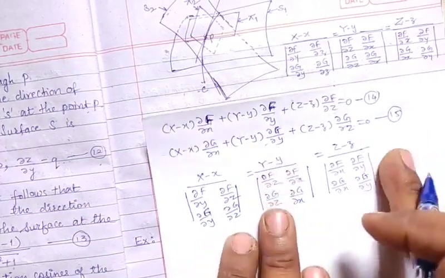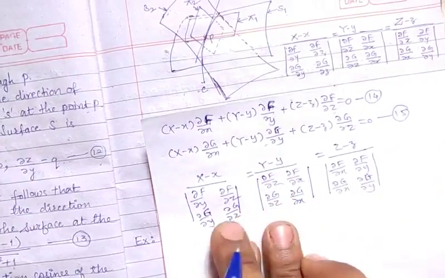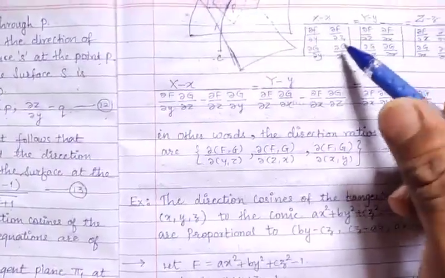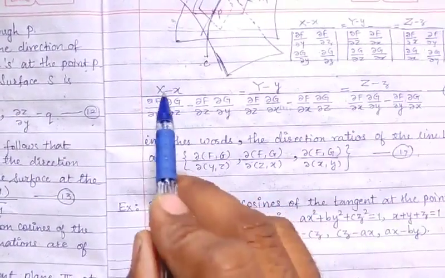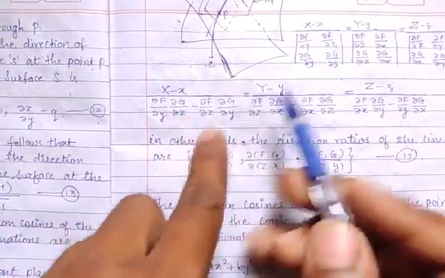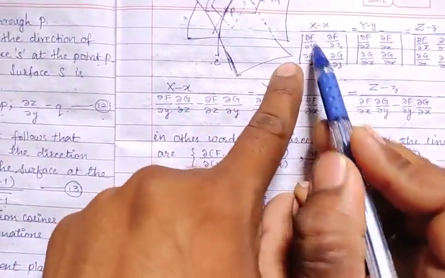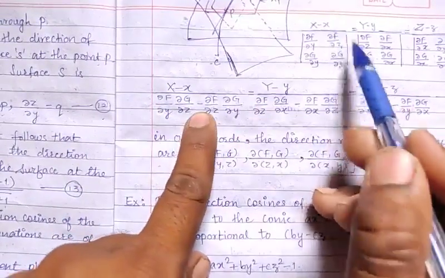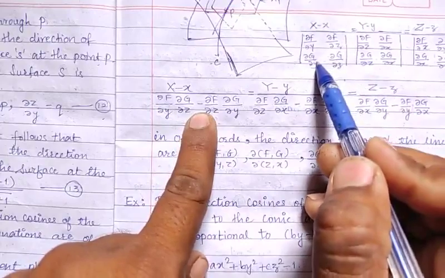Okay, so find the determinant. After solving the determinant, you will get (X - x) upon ∂f/∂y · ∂g/∂z - ∂f/∂z · ∂g/∂y.